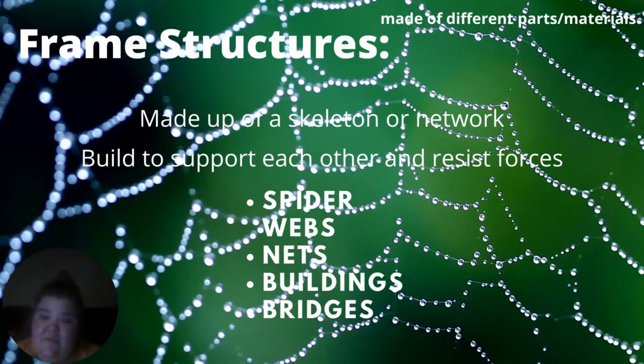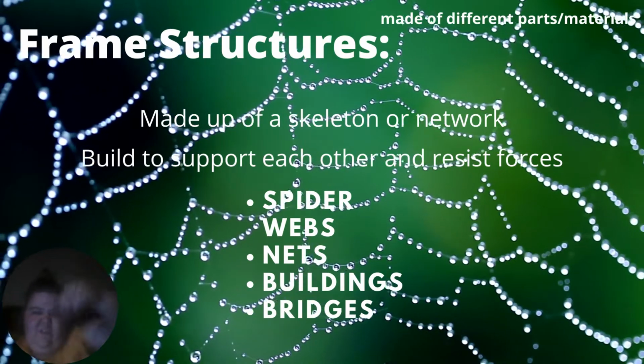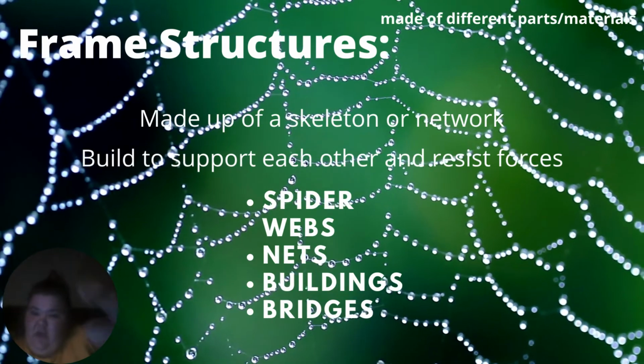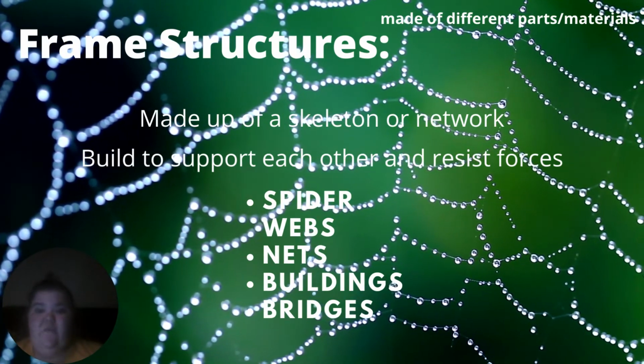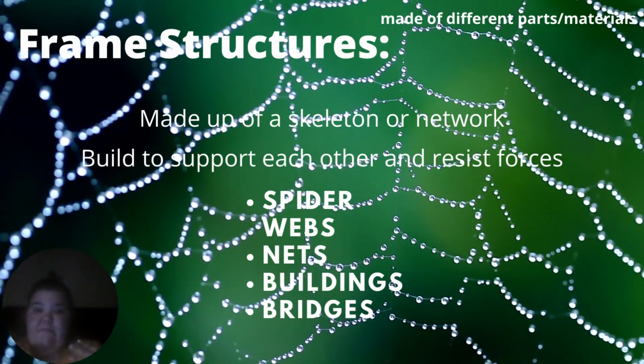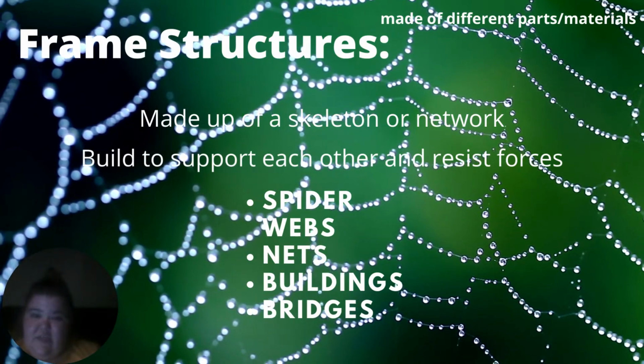If you've ever walked past a building being built, you'll see there are steels sticking out of the concrete. That is why we call it a frame structure, because unlike a concrete dam, it's made up of more than one thing.